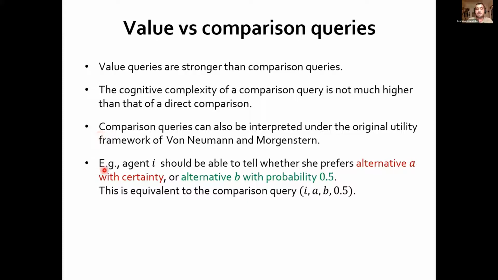For instance, agent i should be able to tell whether she prefers alternative A with certainty or alternative B with probability 1/2. And if we assume risk neutrality, this is equivalent to asking i whether she values A at least 0.5 times as much as B.